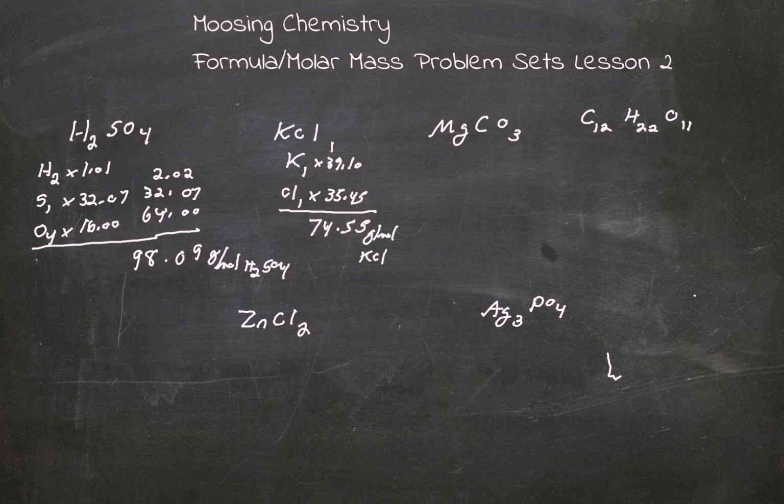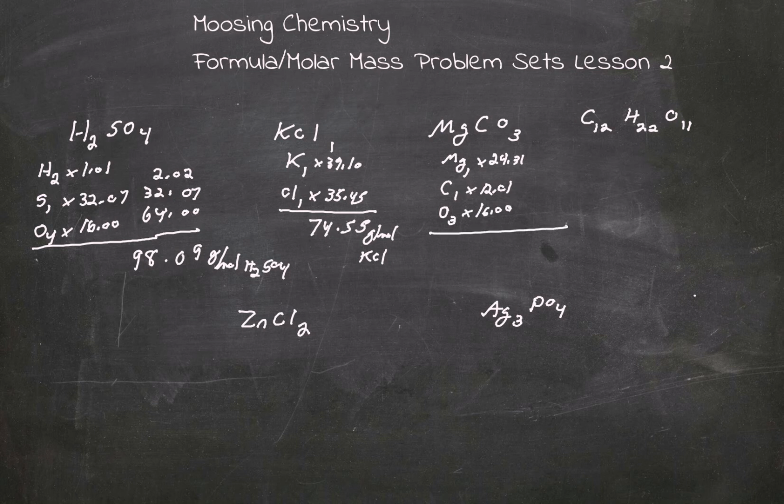Let's try magnesium carbonate next, okay? With magnesium carbonate, we have 1 magnesium, and of course magnesium is 24.31. Carbon, of course, is 12.01, so this is a common one. Oxygen, again, 16.00.